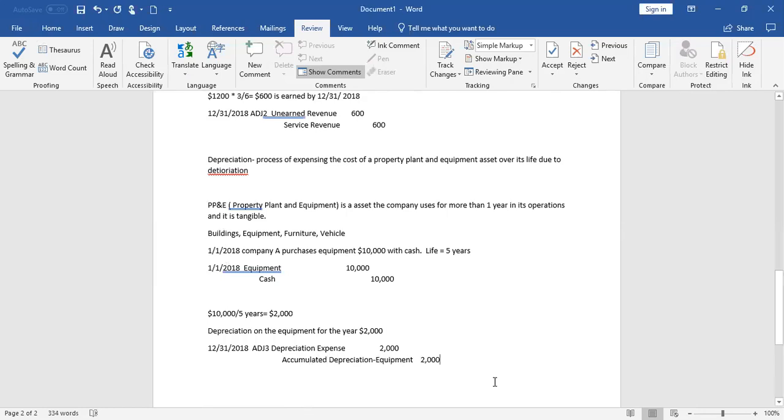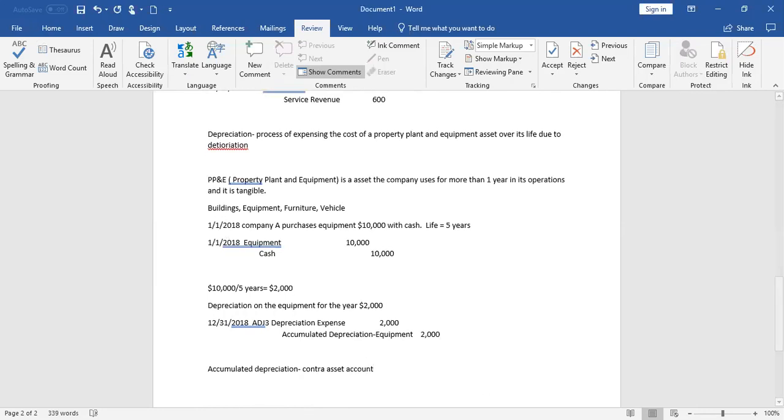Now, let's talk about what this account is. Accumulated depreciation is a contra asset account. It's a special kind of an asset. It is an asset, but it's a contra asset. You'll find other contras as we're going through the semester, but this is your first experience with them.